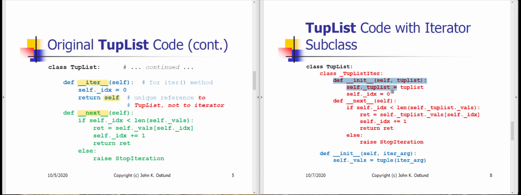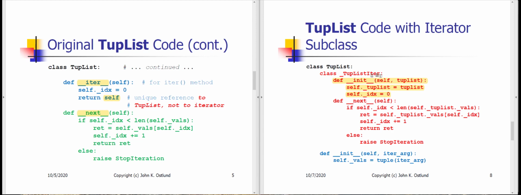And the initialization code for the TupList iterator takes self, which is the current TupList iterator object, and TupList, which is the current TupList object, sets up the iterator's TupList instance variable to keep track of the TupList that this iterator refers to, and also sets up an index of initially 0 for this particular iterator.